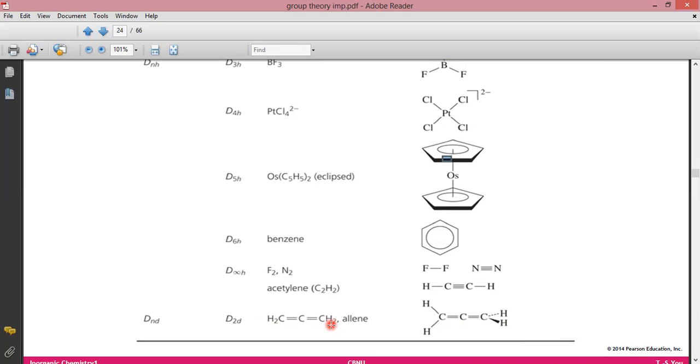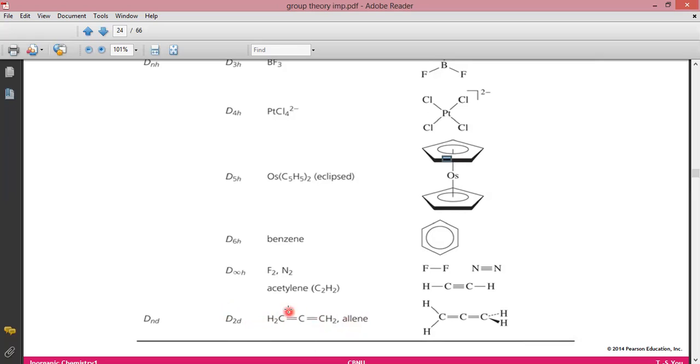But in the case of allene, there are three C2 axes, so in which situation do we call one the principal axis and the others subsidiary axes? Simply, the nomenclature is this: the C2 axis which passes through the maximum number of atoms is called the principal axis. The principal axis is this one, because it passes through this carbon, this carbon, and this carbon.